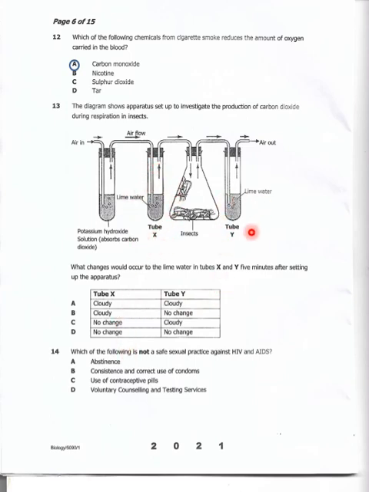But in Y, since the insects have produced carbon dioxide from respiration, the lime water would change to cloudy. So here our answer is C. No change at X and cloudy at tube Y.